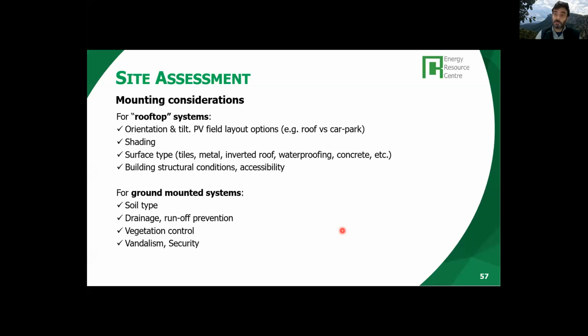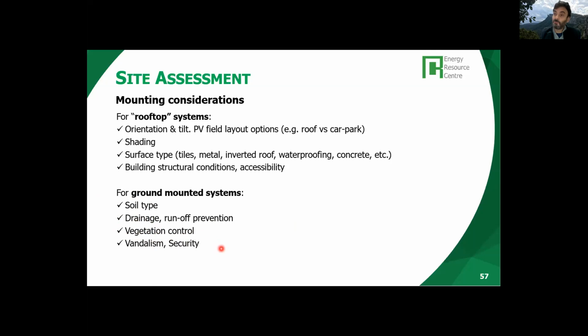For ground mounted, if we put the PV system as a structure on the ground, this is easier. But then we need to think about the kind of foundations. How are we going to fix that structure on the ground? We will be on the ground, so be very careful with trees, vegetation.